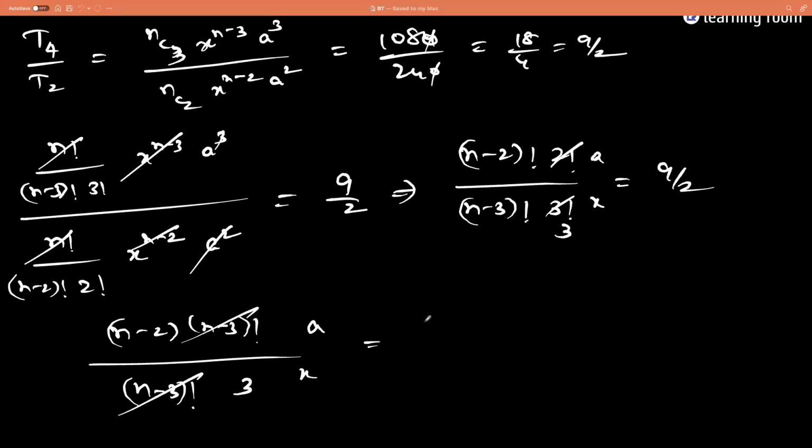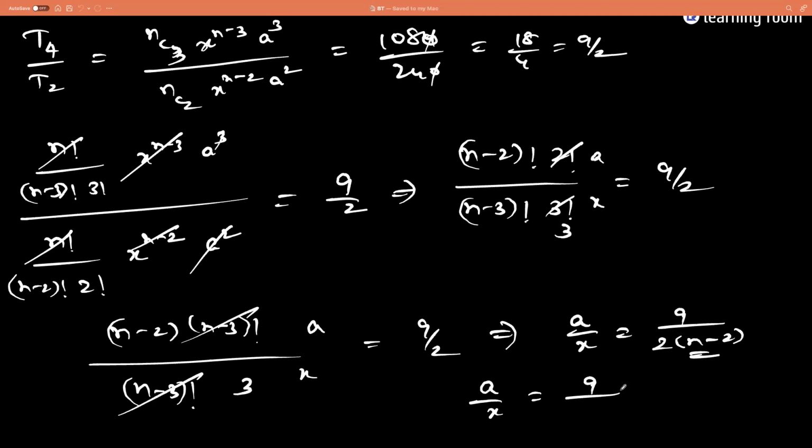So (n minus 3) factorial, (n minus 3) factorial is 9 by 2, which implies a by x in this scenario will be 9 by 2 into (n minus 2), but we already found the value of n as 5. So a by x will be equal to 9 divided by 2 into 3. So it will go 3, which implies a by x is 3 by 2. So 2a is equal to 3x.